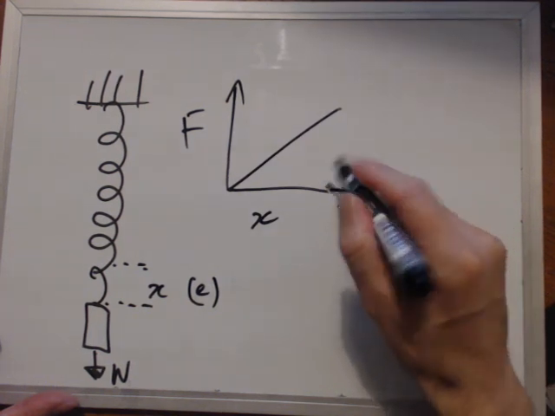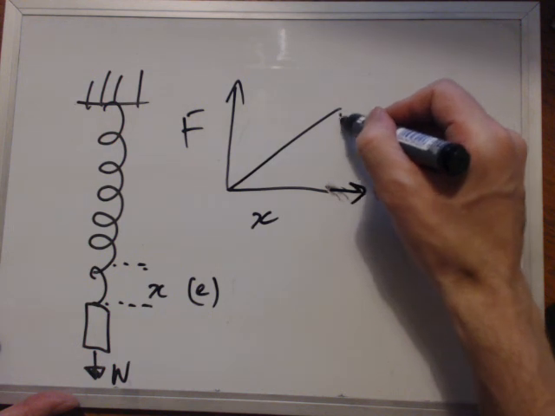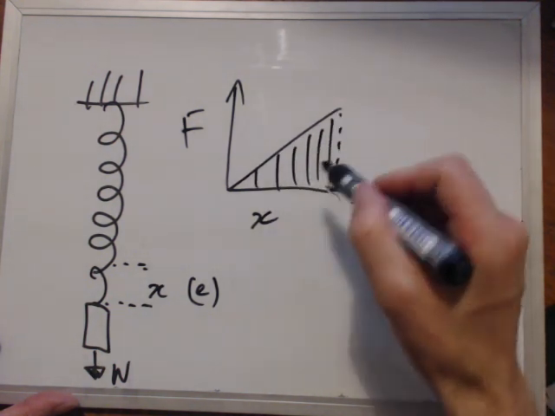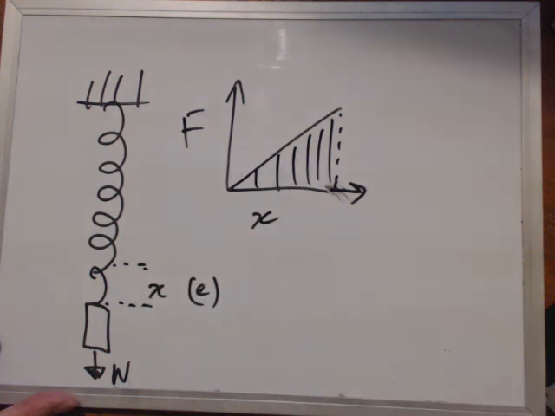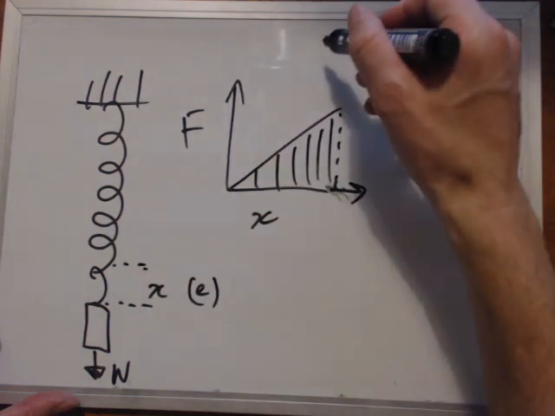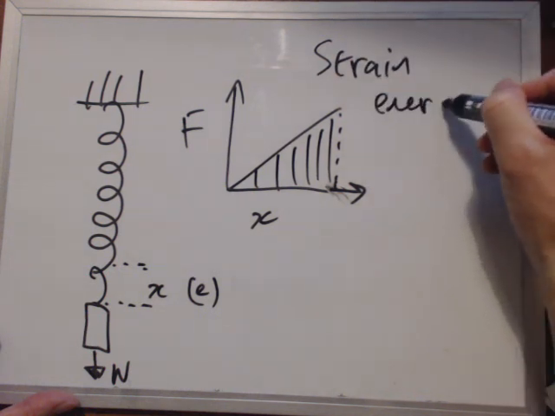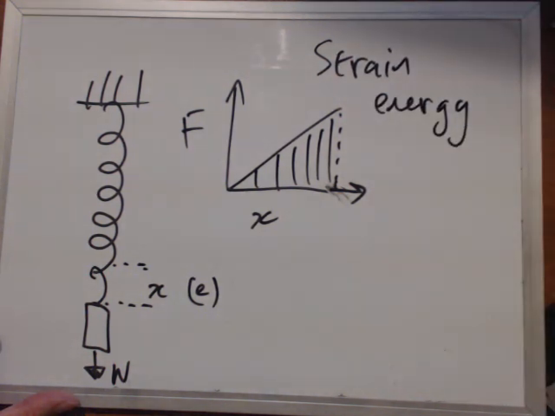Now, the area under this graph is the work done stretching the spring, and the energy stored in the spring is known as the strain energy. It can also be known as elastic energy.